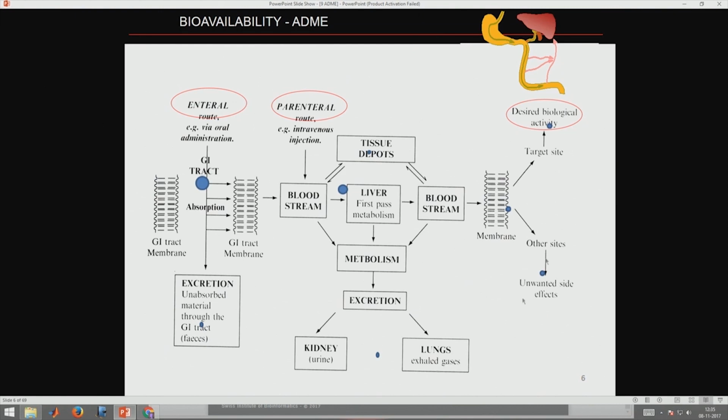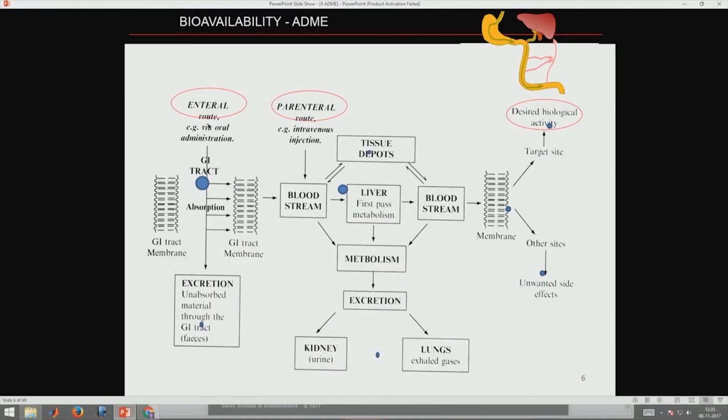So everything is determined by this particular picture. This picture shows nicely what is happening at different places as the drug travels, right from the oral cavity in the mouth up to the target site.